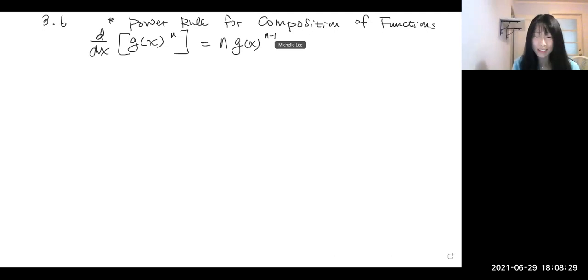Very good. Now, there's a g of x, right? So we multiply by g prime of x for the composite function. Before, we had just one single polynomial without that, but this time we have a composite function, so we take the derivative of what is inside. All right, so let us do this one first.